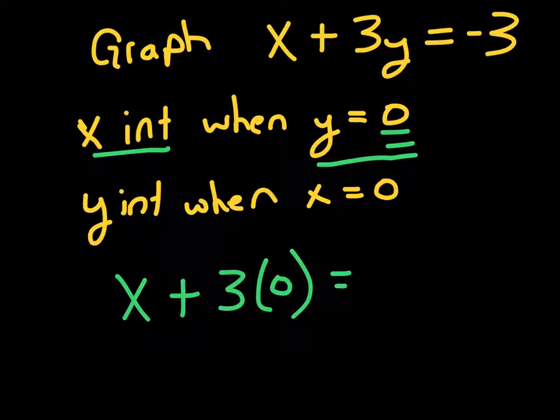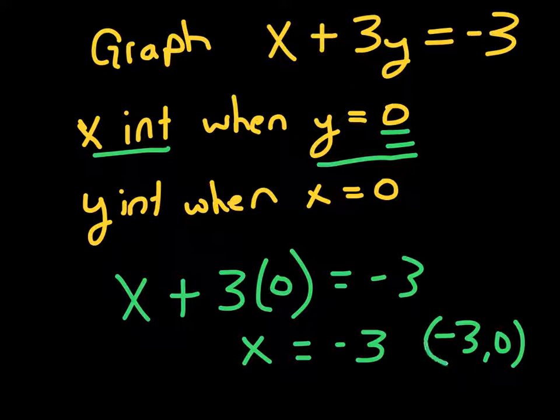And then let's solve for x. 3 times 0, this is pretty simple. 3 times 0 is 0, so that just leaves us with x equals negative 3. So our x-intercept is negative 3, or is at the point (negative 3, 0).